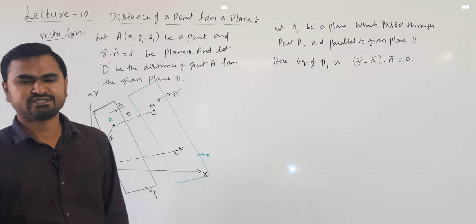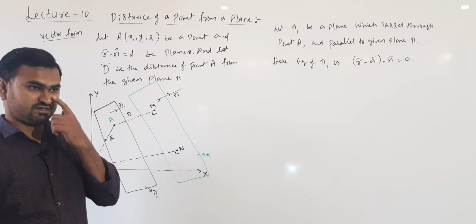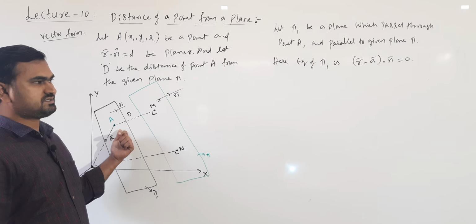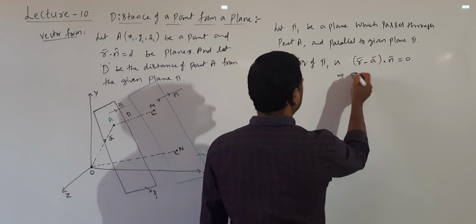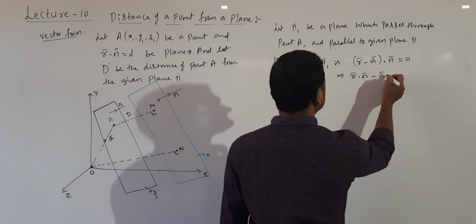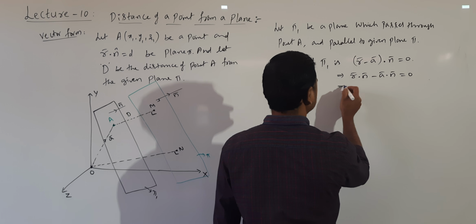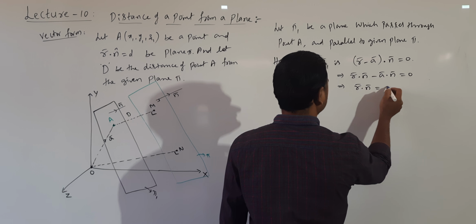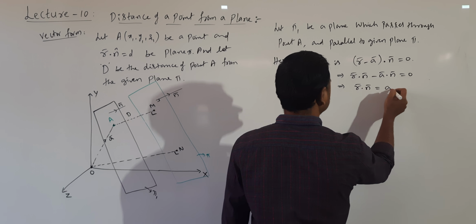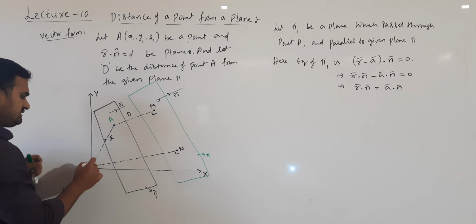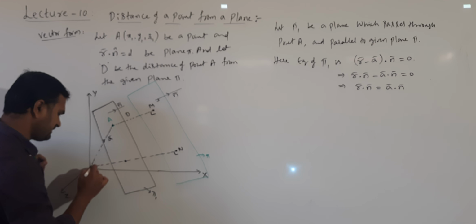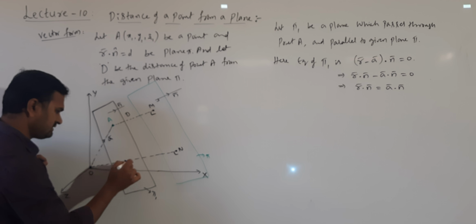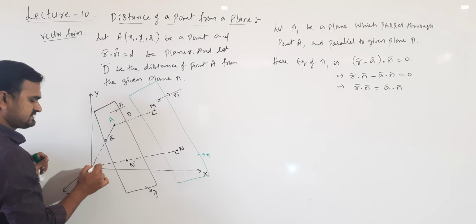Remember, for a plane passing through a point and perpendicular to a vector, the equation is (r bar minus a bar) dot n bar equal to 0. Simplified, r bar dot n bar minus a bar dot n bar equal to 0. r bar dot n bar is equal to a bar dot n bar. This is pi 1. Now I want to find the distance of this pi 1 from the origin. So suppose this is N dash. So what is ON dash?